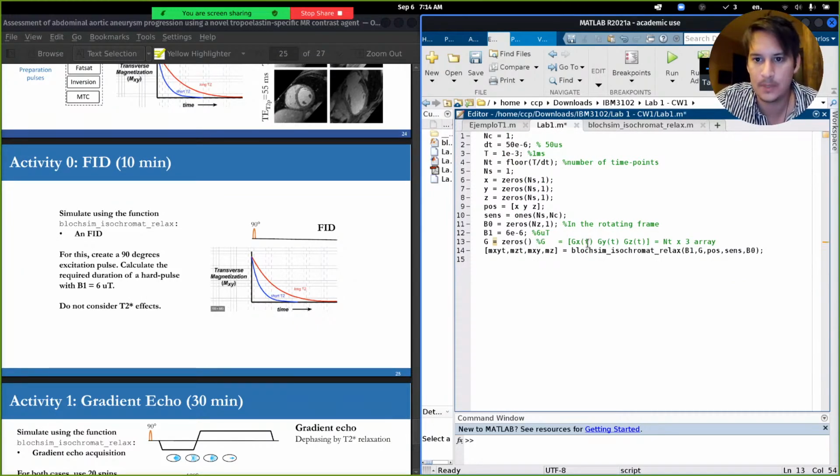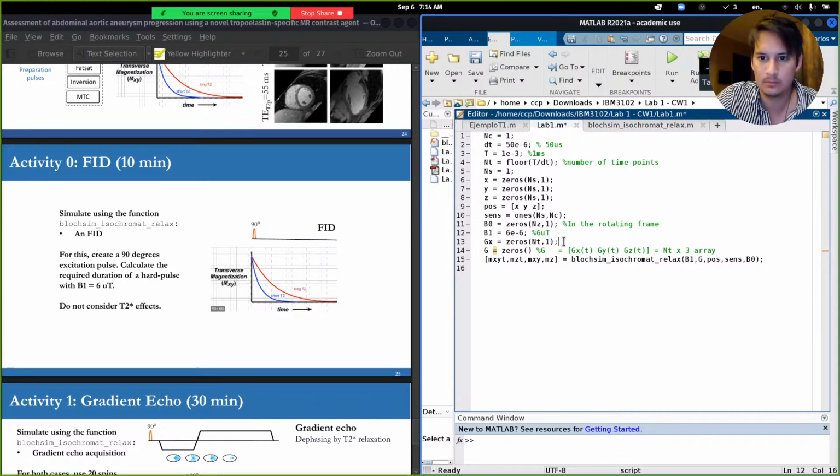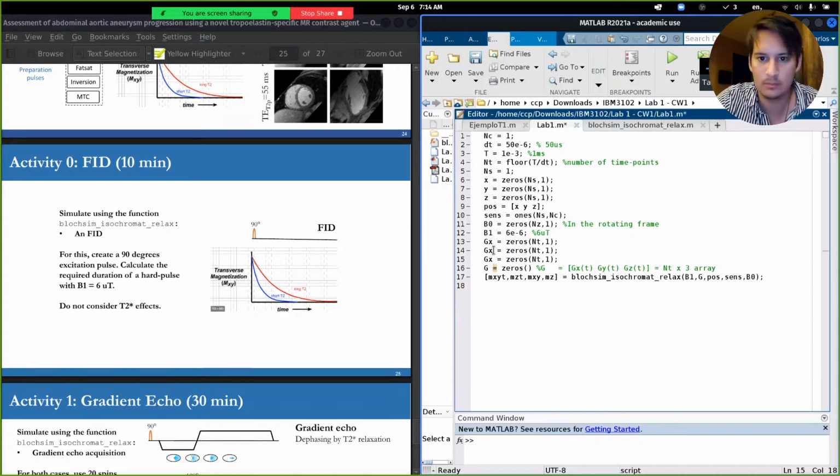So let's define the gradients as just zeros, zeros of number of time points by 1, for Gx, Gy, Gz.